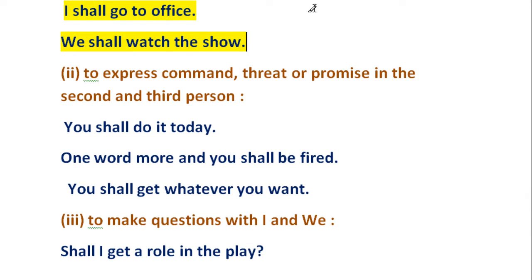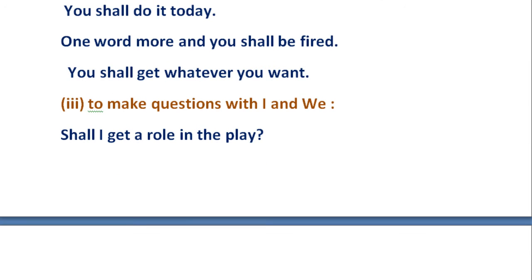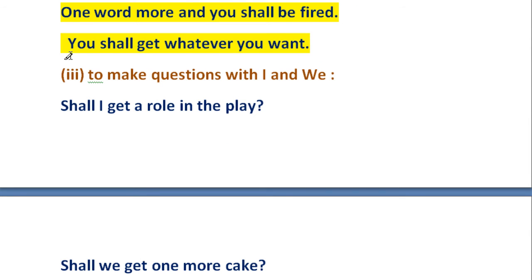Next use: shall is used to express command, threat, or promise in the second and third person. Examples are: you shall do it today; one word more and you shall be fired; you shall get whatever you want.